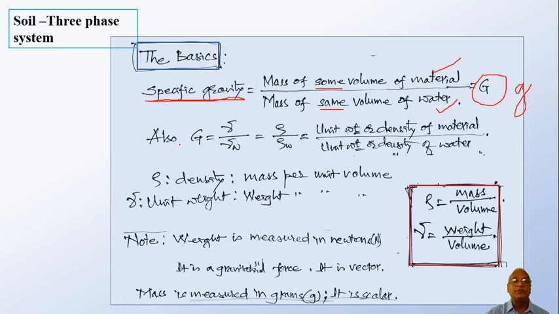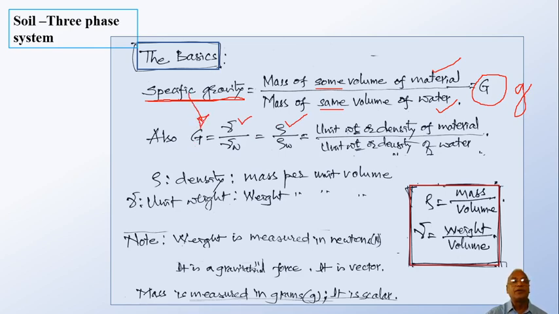Now also the specific gravity can be defined as ratio of specific weight of a material to specific weight of water, or density of a material to density of water. Even these two definitions are very handy definitions while defining specific gravity, right?